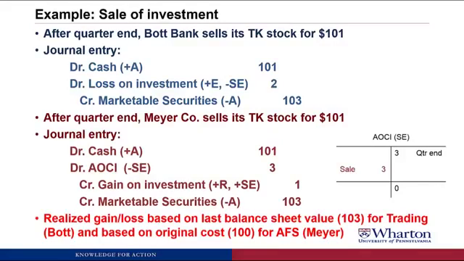Trading securities, your realized gain and loss is always based on what it was last valued at the balance sheet date. Whereas for available for sale, your gain or loss is based on what you originally bought it for. You bought it at 100, sold it at 101, that's a gain of 1. Versus AFS, it was 103 the last time you put it on the balance sheet, you sold it for 101, you actually lost 2 relative to that most recent valuation.